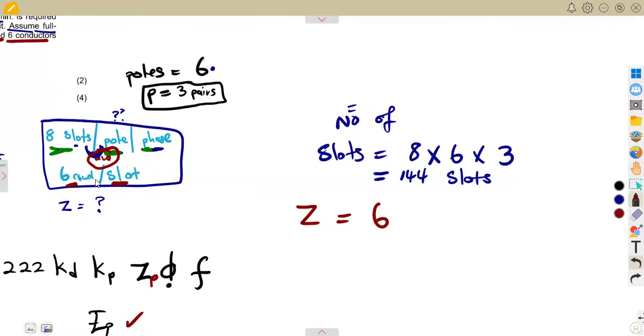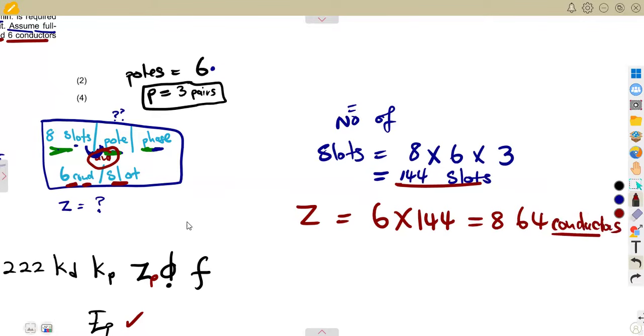So it's 6 conductors times the number of slots. How many slots? 144 slots. So this is going to give us the total of 864 conductors. These are the number of conductors.